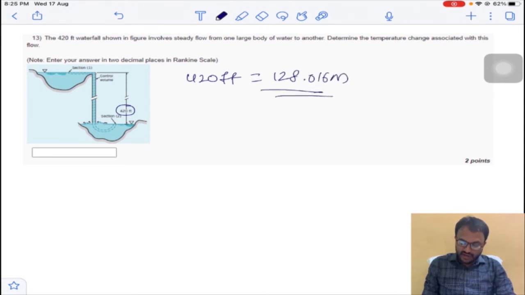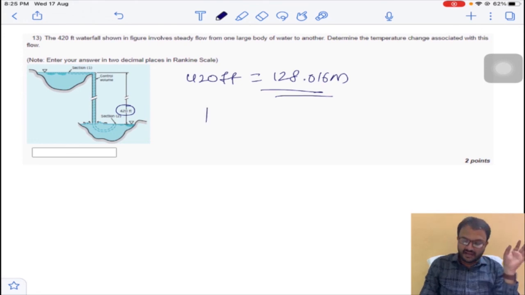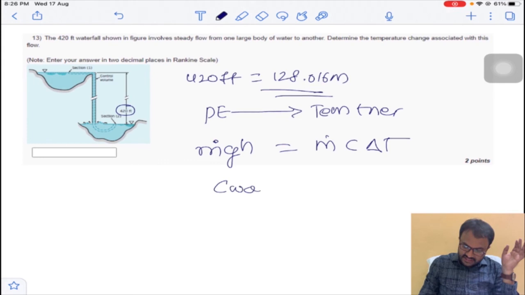I assume that when the water is at a certain height, it possesses potential energy, and all of it gets converted into temperature energy. The potential energy is m dot g h and the temperature energy is m dot C delta T. C for water is a constant, equal to 4.187 kilojoule per kg.